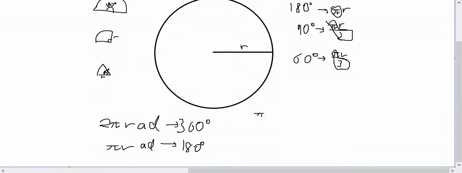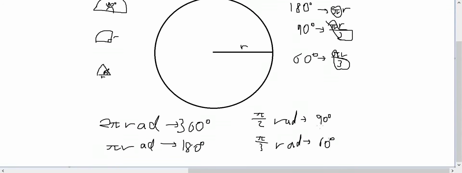Pi over 2 radians corresponds to 90 degrees. And pi over 3 radians corresponds to 60 degrees. You can probably tell by now.